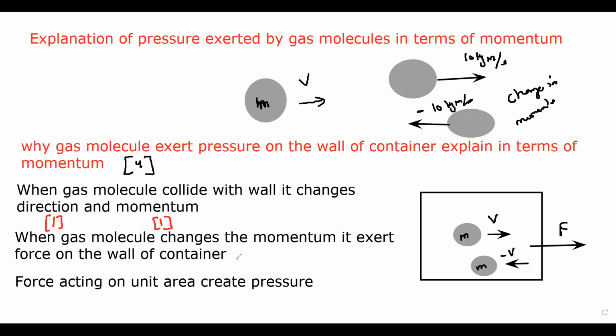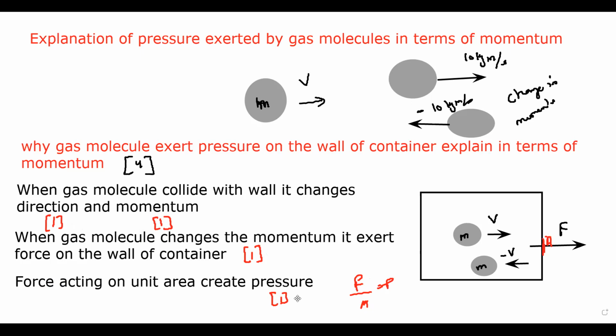Whenever the momentum changes, the gas molecule exerts force, because to change a momentum there should always be a force, so you get the third mark. And force acting on a specific unit area is actually a pressure, so you get the fourth mark.